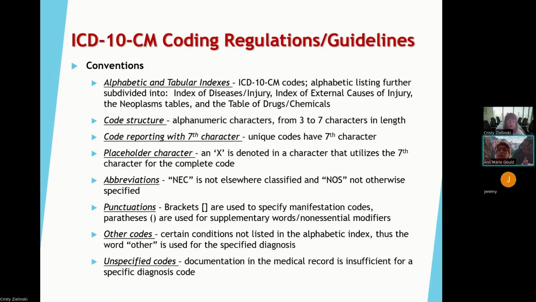That's why they're all grouped together. The brackets tell you there's a specific manifestation code associated with that diagnosis, and that'll be listed as such. Other codes: there are certain conditions not listed in the alphabetic index, thus the word other is used for the specified diagnosis. And of course, we have unspecified codes. This is about documentation in the medical record: is it sufficient to come up with a specific diagnosis code for that diagnosis listed by the provider?